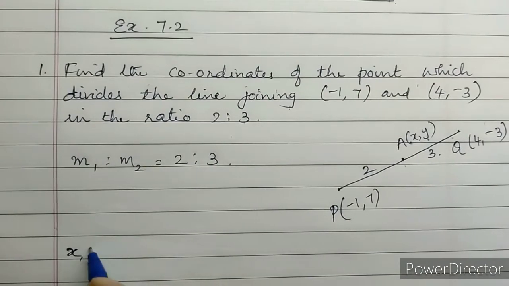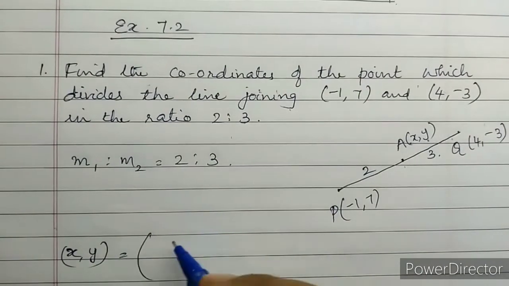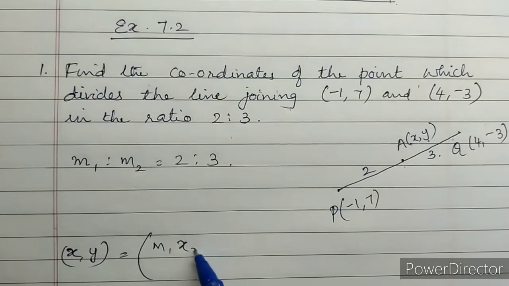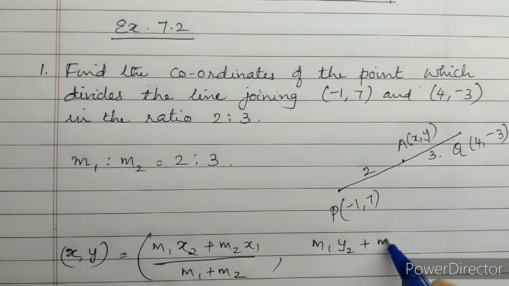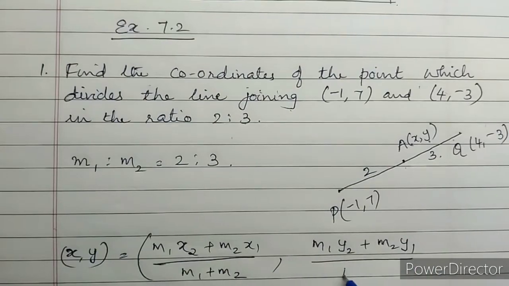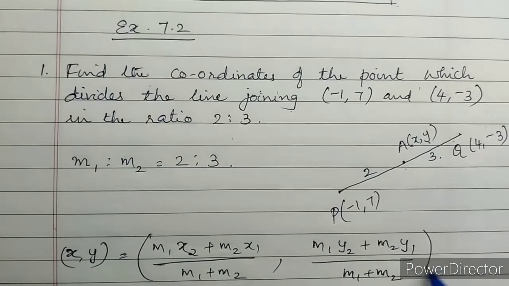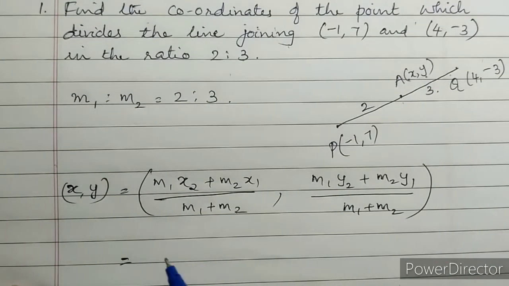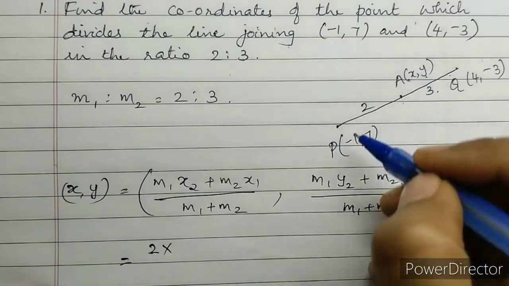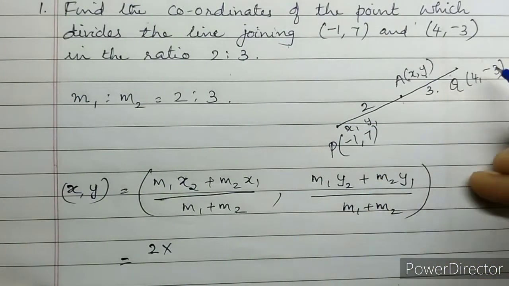First, the formula you should write: (x, y) is equal to (m1 x2 plus m2 x1) by (m1 plus m2), comma (m1 y2 plus m2 y1) by (m1 plus m2). Now substitute the values here.